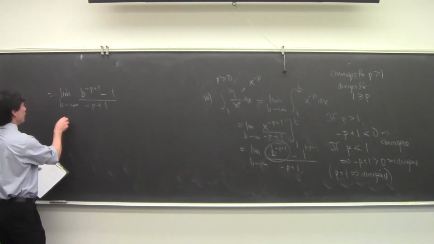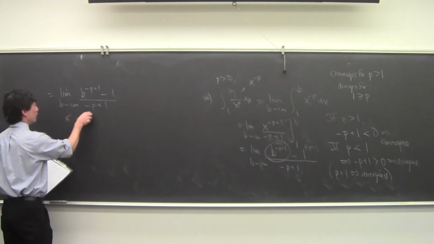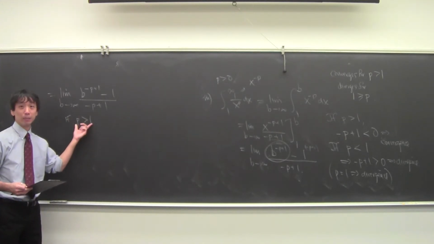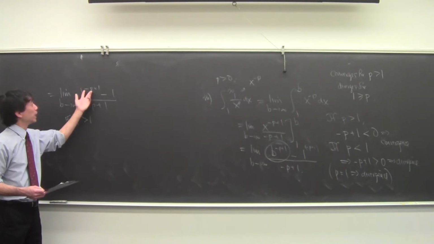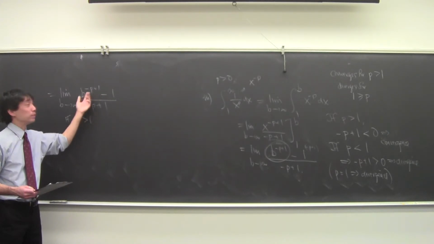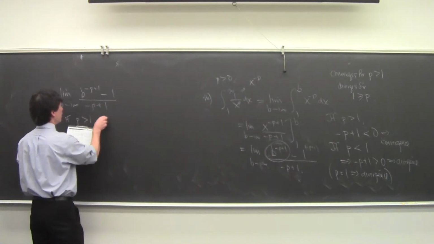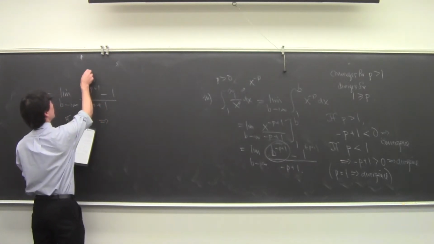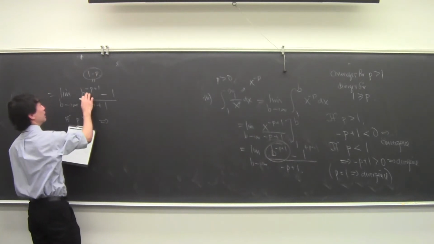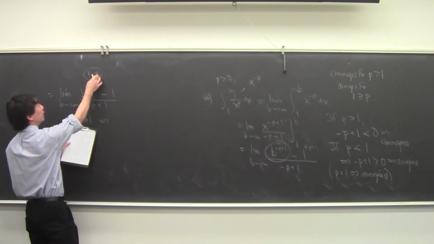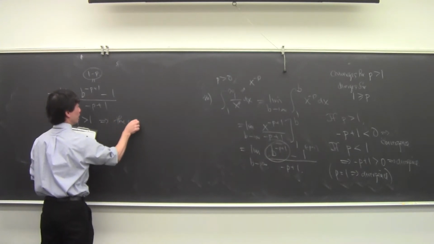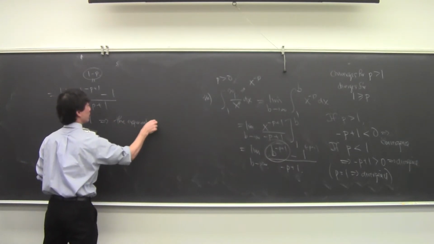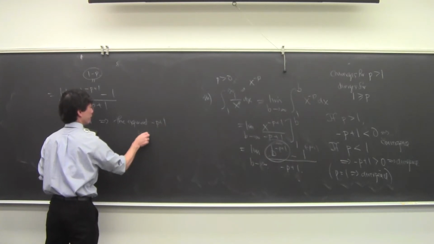Okay, so suppose p is bigger than 1, say p is 2. Then we're going to get b to the negative 2 plus 1, that's b to the negative 1. If p is bigger than 1, then the exponent, negative p plus 1, is negative.